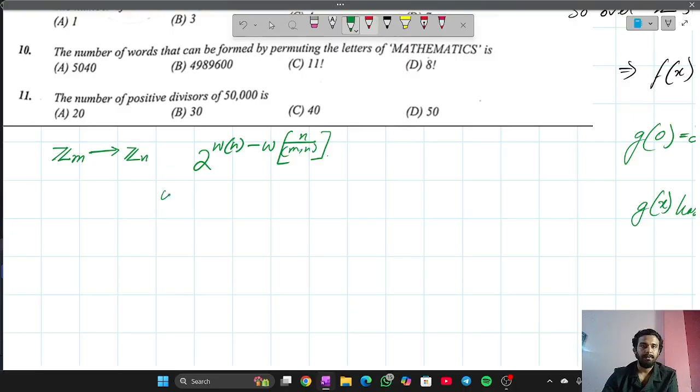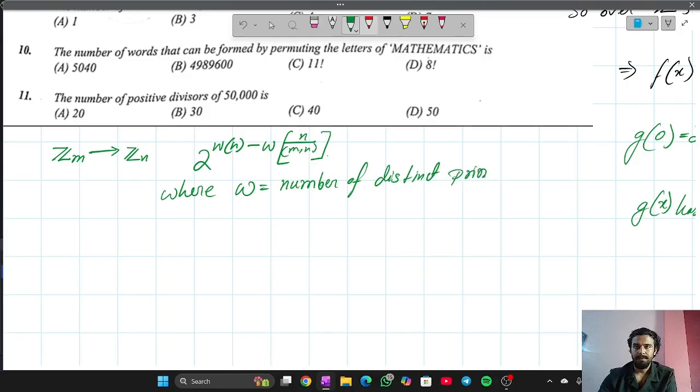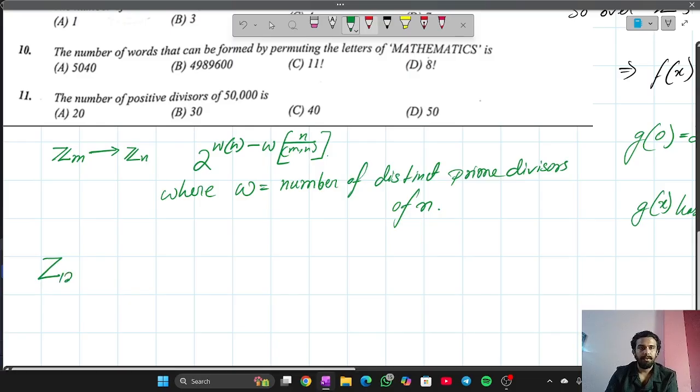Now let me explain, where w(n) is the number of distinct prime divisors of n. Okay, we have to find the number of distinct prime divisors of n. So here it is given Z12 to Z28.